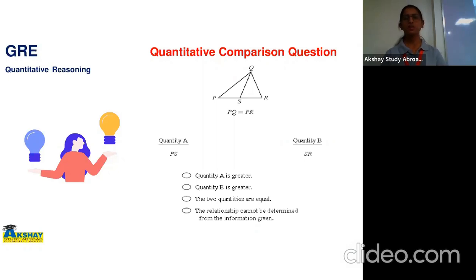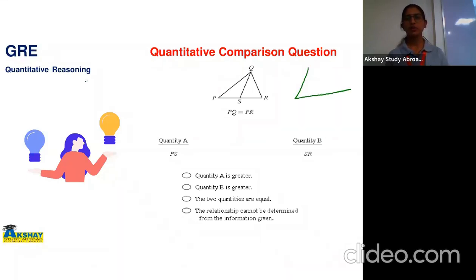Very good. As per the given information, if you draw the triangle, there are three possible ways to draw the same triangle, and in all those three ways you will fulfill the information given below the triangle, that is PQ is equal to PR. So just give me a minute. The first triangle is given.